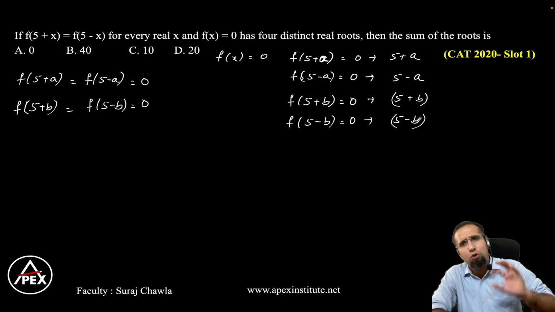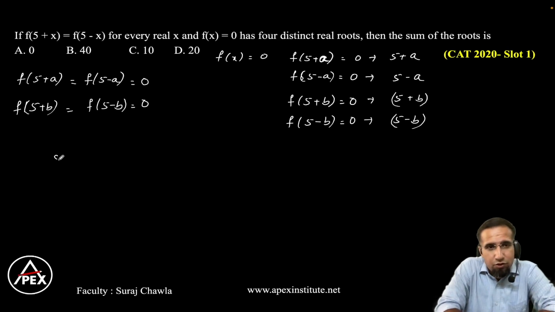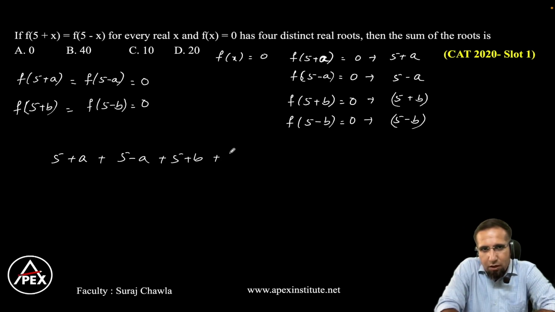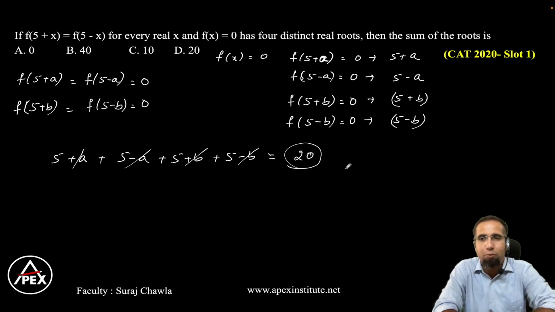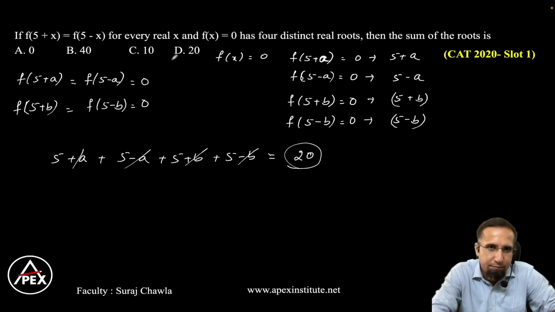So we get 4 possible roots: 5 plus a, 5 minus a, 5 plus b, 5 minus b, right? So the sum of these possible values: 5 plus a plus 5 minus a plus 5 plus b plus 5 minus b, and plus b minus b plus a minus a gets cancelled, and therefore our final value here comes out to be 20, and that's going to be our answer in a very simplified manner.